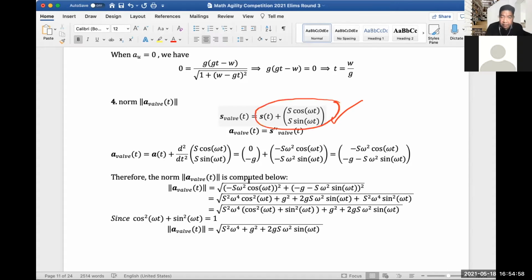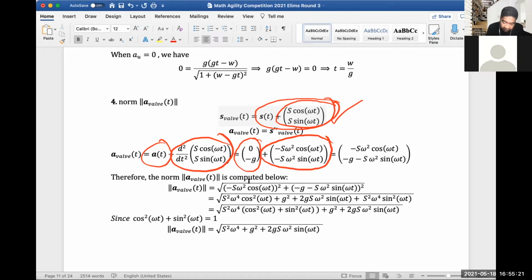So a of t is the second derivative of the first term, which we already saw earlier, 0 and negative g. And then the second derivative of this vector here is negative s omega squared cosine omega t and negative s omega squared sine omega t.